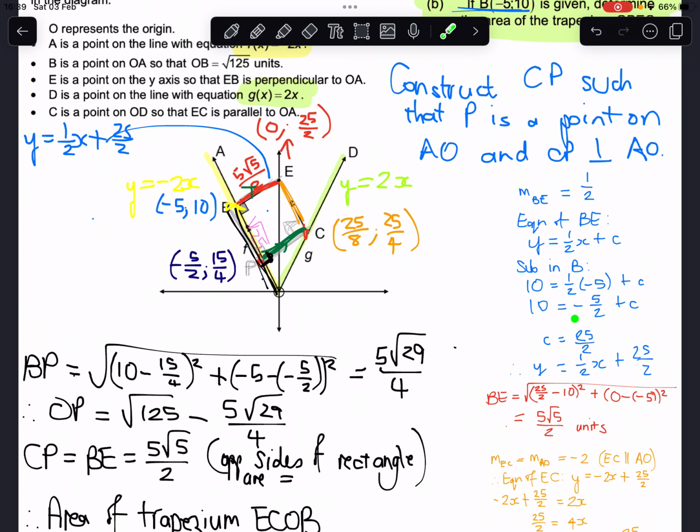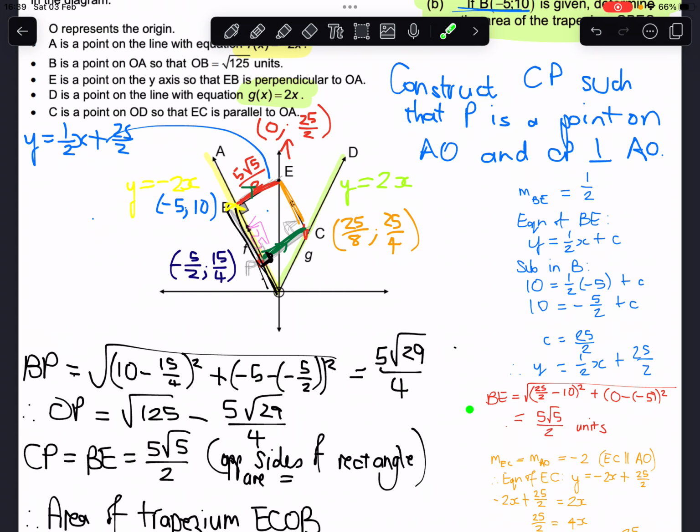So that's minus 5 over 2 plus c is equal to 10, and then c is equal to 25 over 2. I still stand by that. 10 is the same as 20 over 2, and if I add 5 over 2, then it becomes 25 over 2. So I'm still happy with that. y is equal to a half x plus 25 over 2, as we have there. So that's the equation of this line.